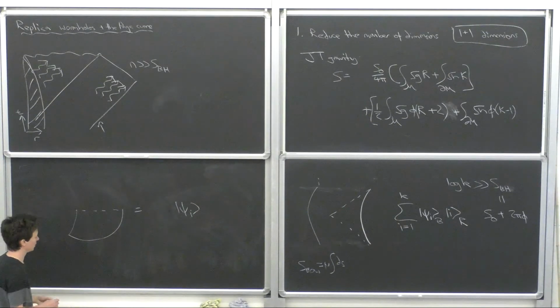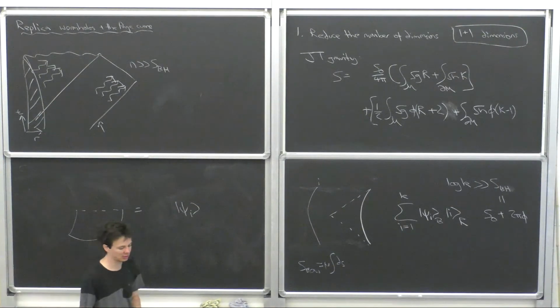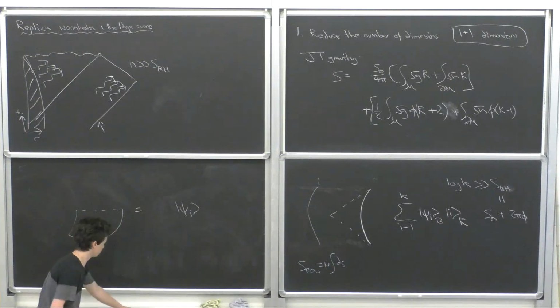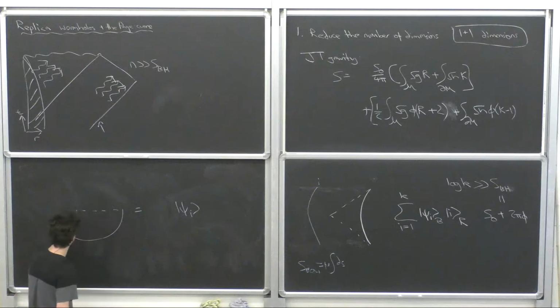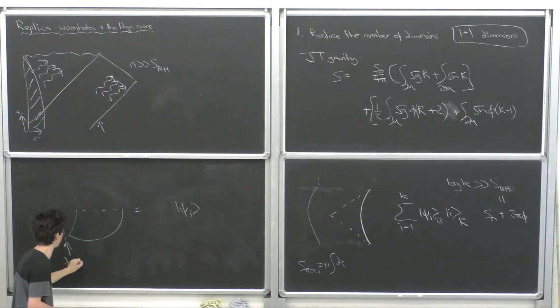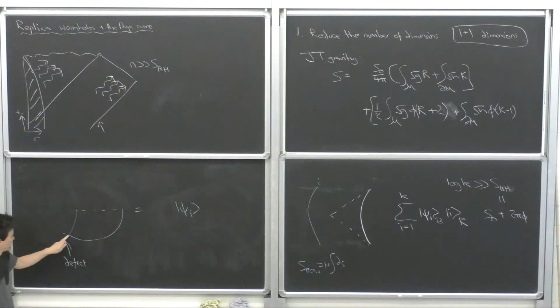I mean that we're preparing a state using a Euclidean path integral with boundary conditions where we have a particular sort of defect here where an end of the world brane starts, a boundary of an end of the world brane here, okay? And that defect, that boundary is labeled by I. Different values of I will correspond to different boundary conditions there.